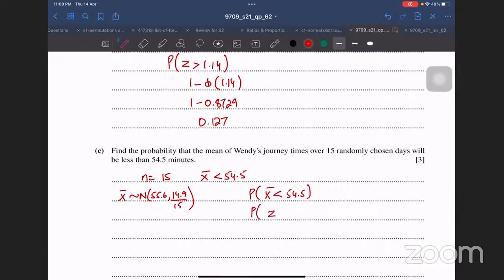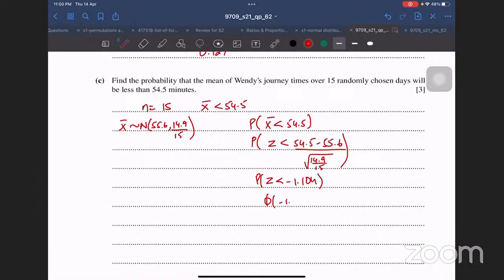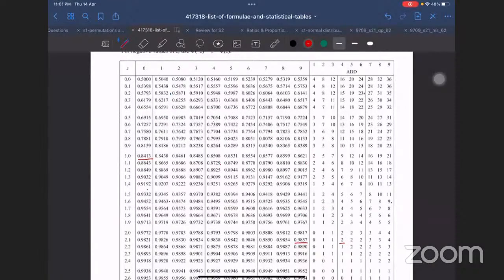So I'm going to say 54.5 minus 55.6 divided by root of 1.104. So I get 0.8651.